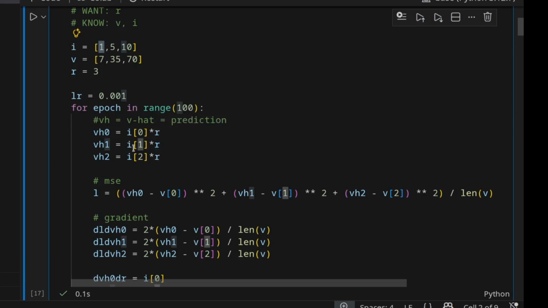Another example, without 1: you bump up R again by 0.1, and I at index 1 is 5. R starts out at 3, so it becomes 3.1. You multiply 3.1 by 5, which equals 15.5.